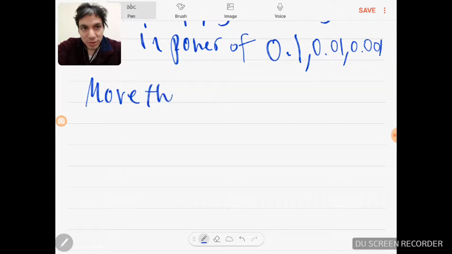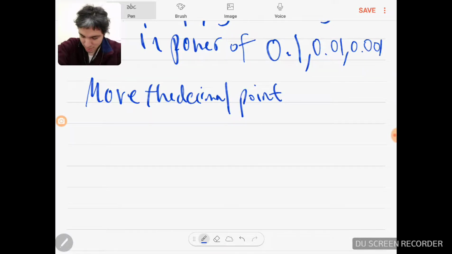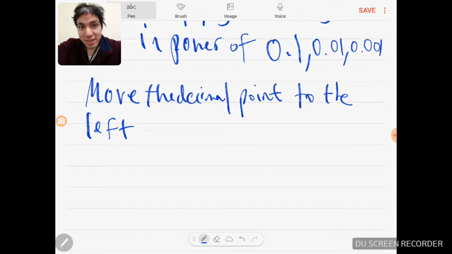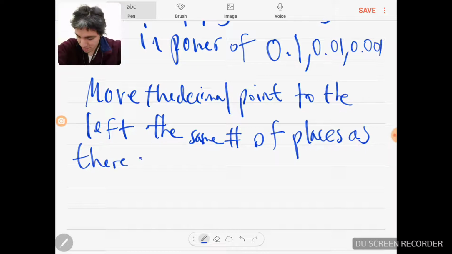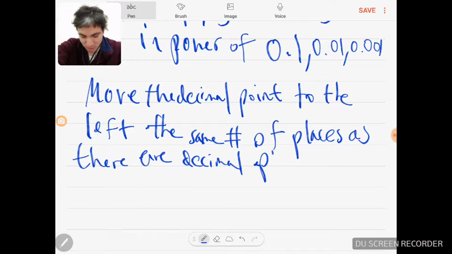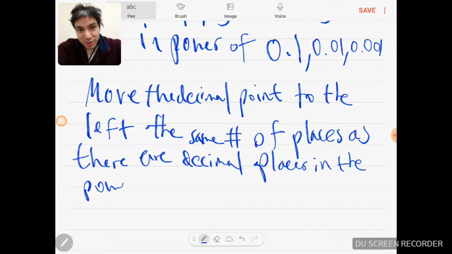You move the decimal point, in this case, to the left, not the right, to the left, the same number of places as there are decimal places in the power of 10.